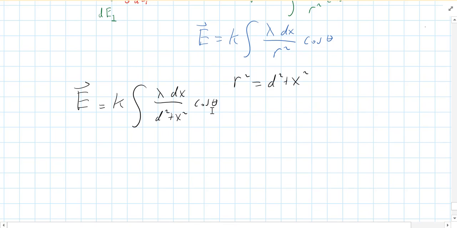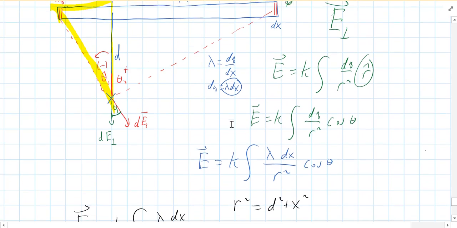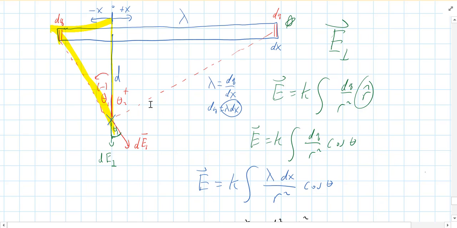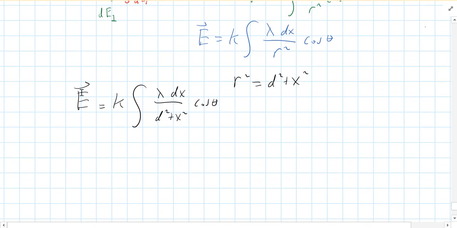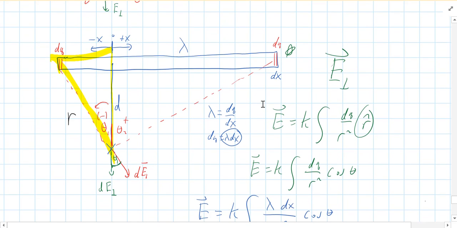Okay, so how do we do that? Well, let's look at this right triangle that we just drew. There are several relationships that I can write about the angle, d, x, and this r here. Again, I'll label that r just so we have it there. So I know that sine of the angle is equal to x over r.